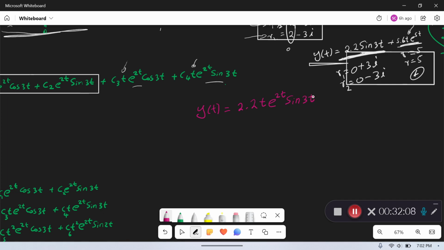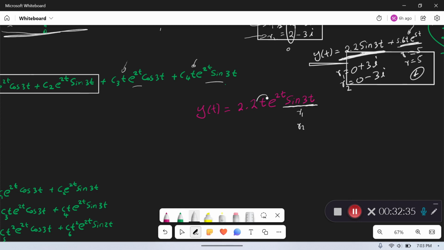So what will happen there? You should understand two things when you see a term like this. Because of this sine term, it is safe to assume that there is a complex root. That means you need to have at least two roots, R1 and R2, which are complex conjugates.